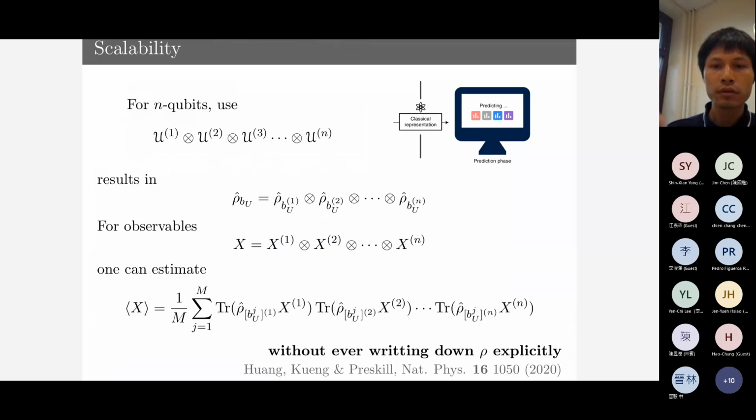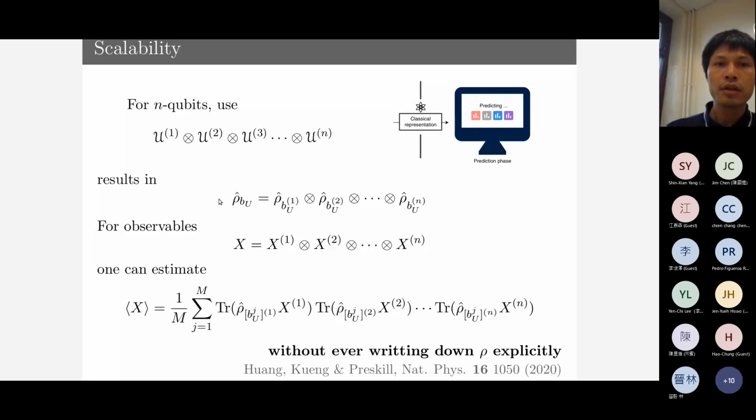So before going to the formula, I just mention briefly why this method is scalable. The simplest way to see it is to consider the case where we have n qubits. The simple setting would be that you choose a random unitary on the first qubit, a random unitary on the second qubit, and so on, up to a random unitary on the nth qubit.